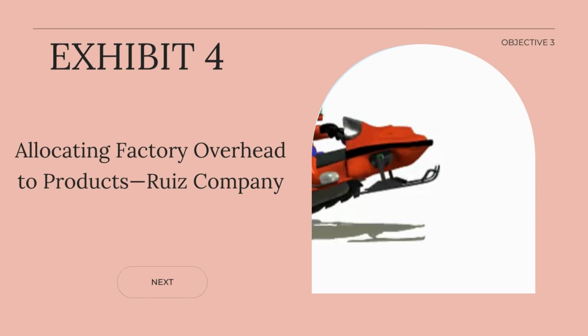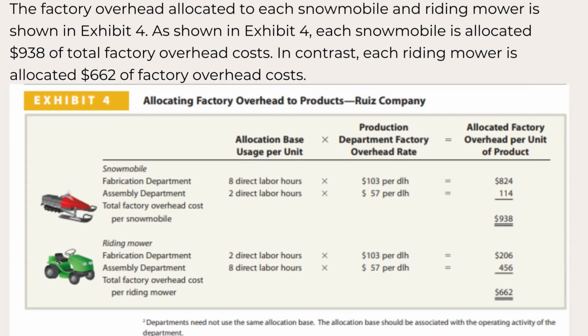Under snowmobile, we have 8 hours in the fabrication department and 2 hours in the assembly department, for a total of 10 direct labor hours per unit. In the riding mower, we have 2 hours under the fabrication department and 8 hours under the assembly department, also 10 direct labor hours per unit.